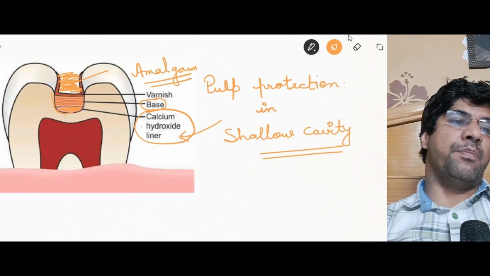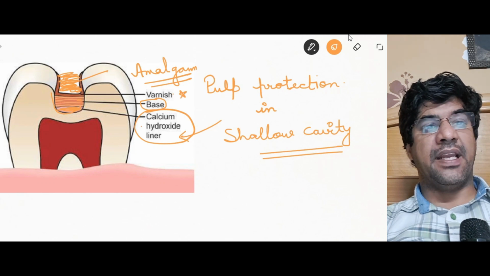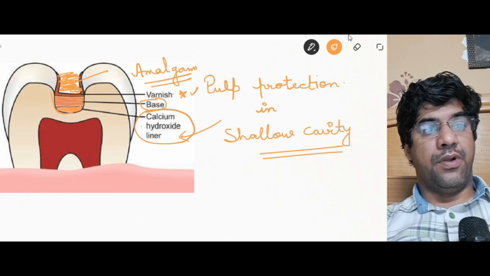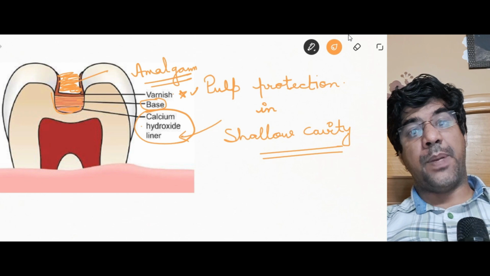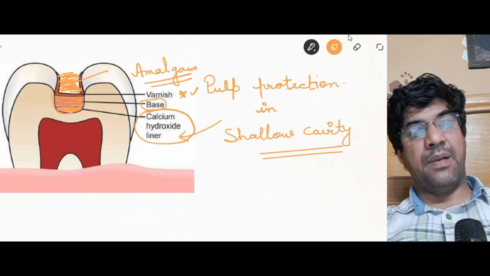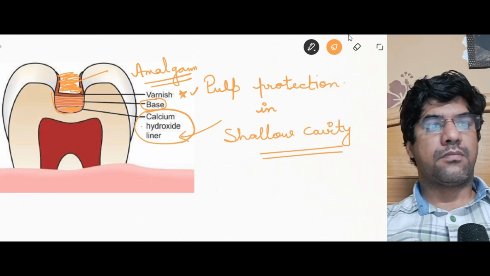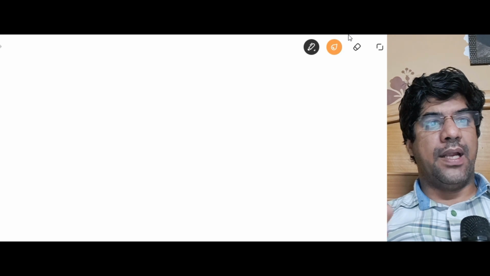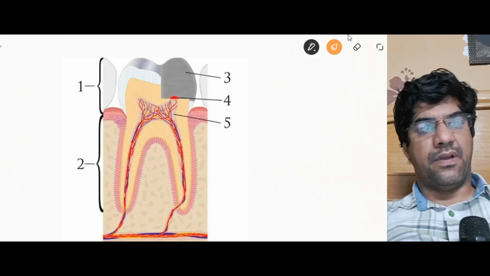Whereas in the case of a deep carious lesion, where the caries will reach very near or up to the pulp, treatment will require precautions, because there will be a post-operative pulpal response. So what are the treatment modalities you can do, or the pulpal protection you can give?